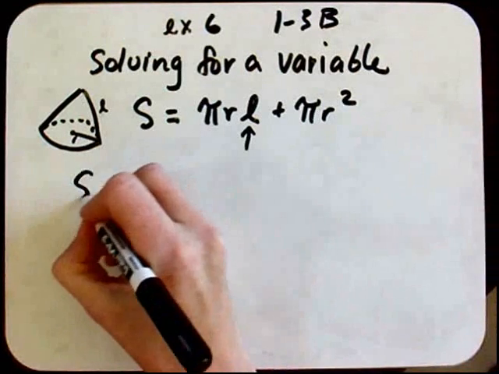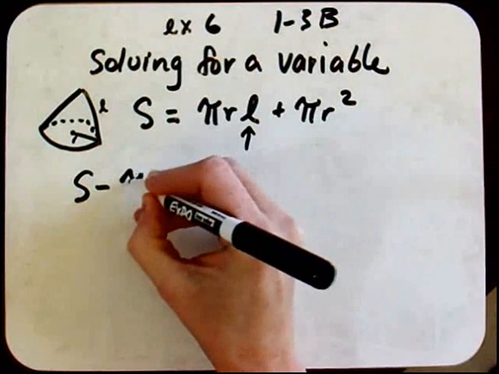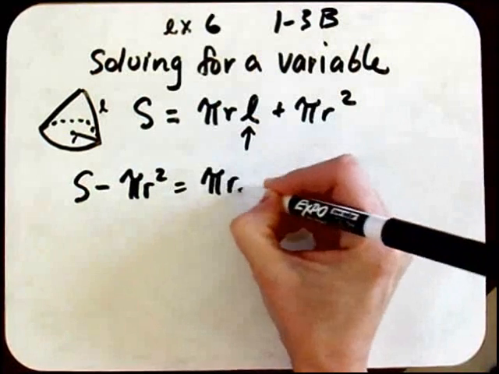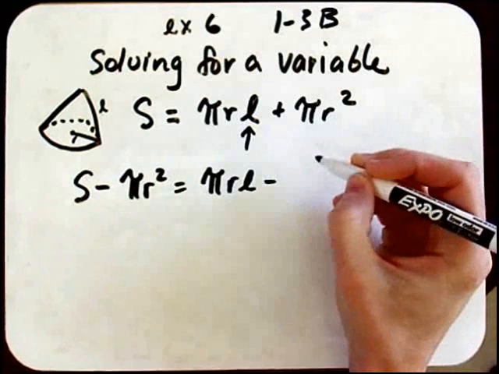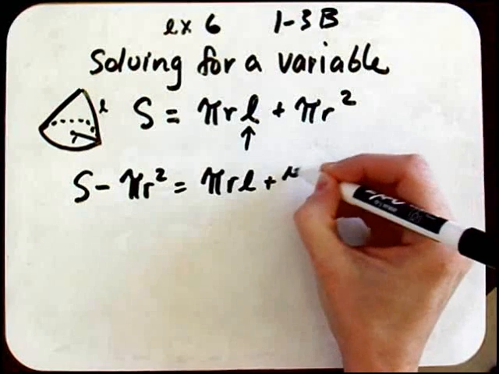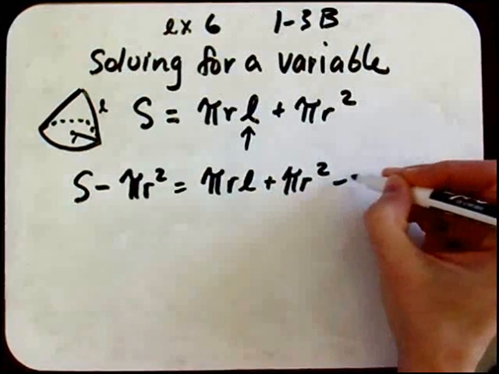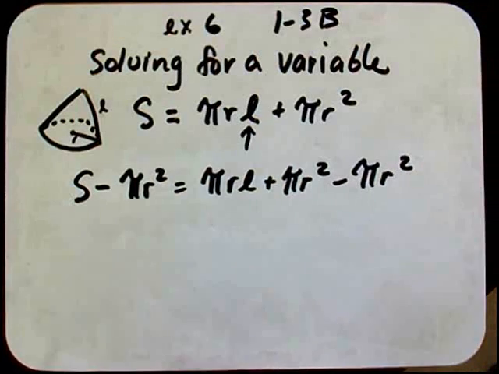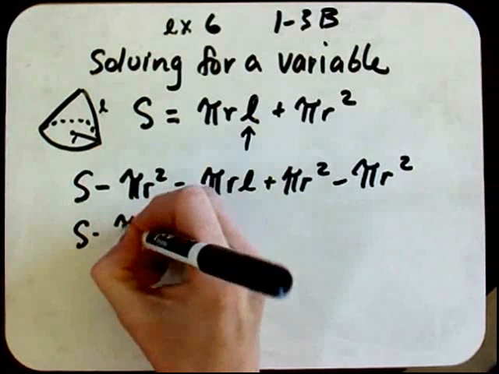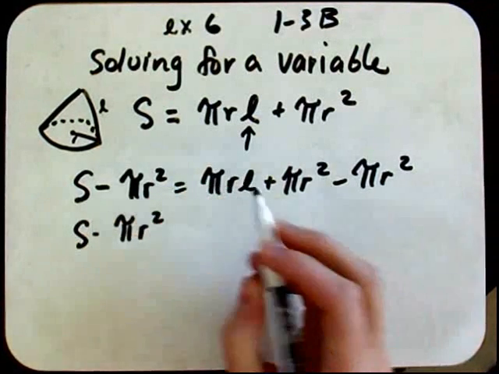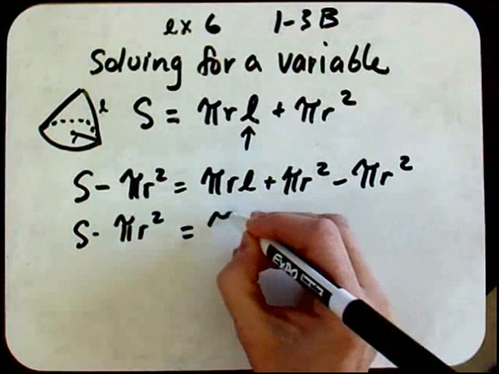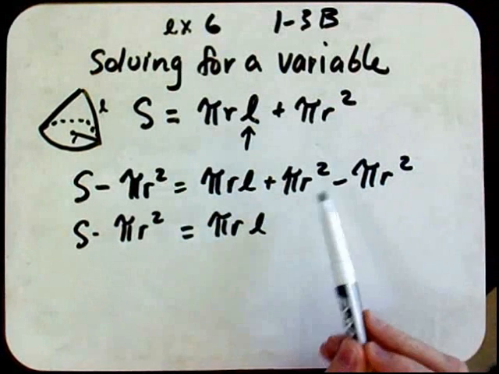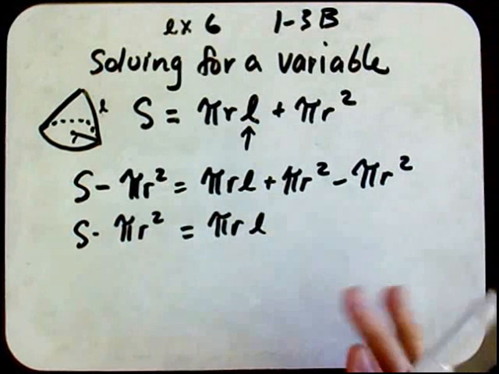So on the left we get S minus pi R squared equals pi RL plus pi R squared minus pi R squared. On the right, we just leave it as pi RL, because the plus pi R squared minus pi R squared drops out.